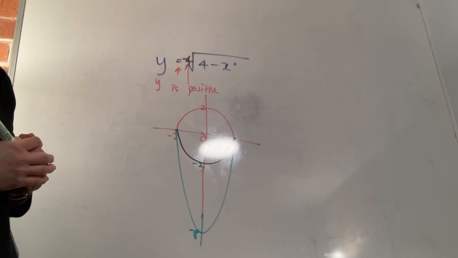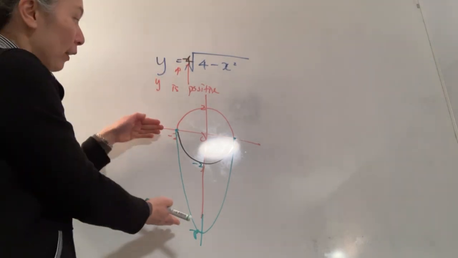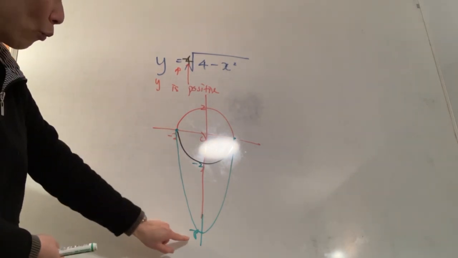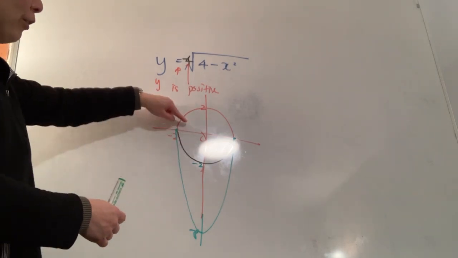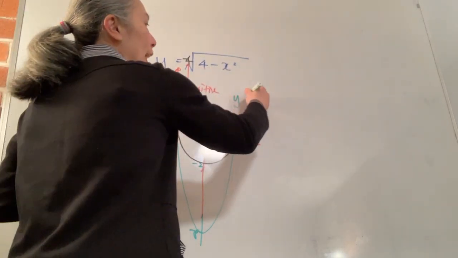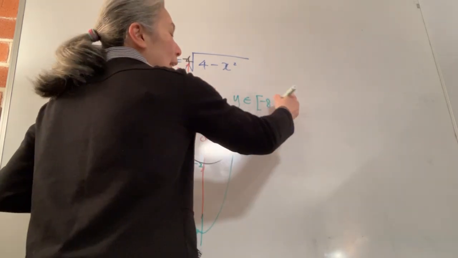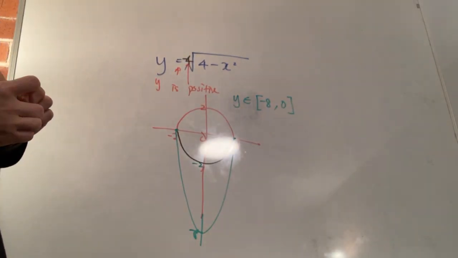And then would the range be the normal domain times it? No, the range means you are looking at the y. The y goes from -8 to 0. So your range goes from -8, you include the -8, and you include the 0, so square brackets.